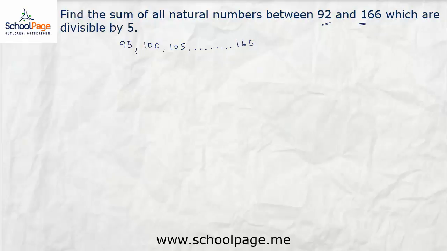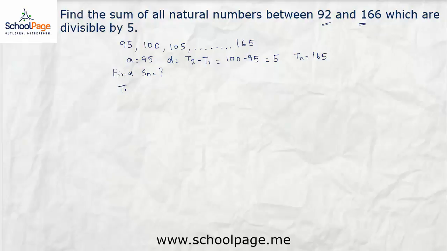Now here we have a equal to 95, d equal to t2 minus t1, so it is 100 minus 95, which is equal to 5, and our tn is equal to 165. Now we have to find Sn. To find Sn, let us first find n.